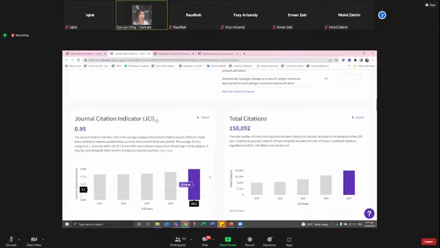From last year onwards, a lot of journals are starting to monitor their JCI, and you would start to see more improvements in this. This is our effort to make sure that journals don't focus their efforts on a few highly cited papers, but rather the whole portfolio of articles within their journals should be well cited.